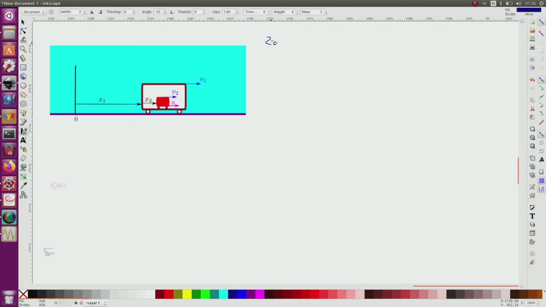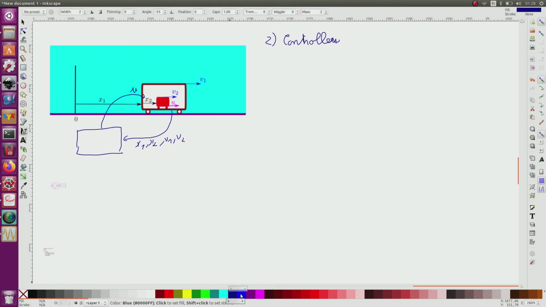For the second question, I have to find the controller for the system. So for this, I will have here the controller, which will generate u to the system and will take as an input the state, so it will be x1, x2, v1, v2.